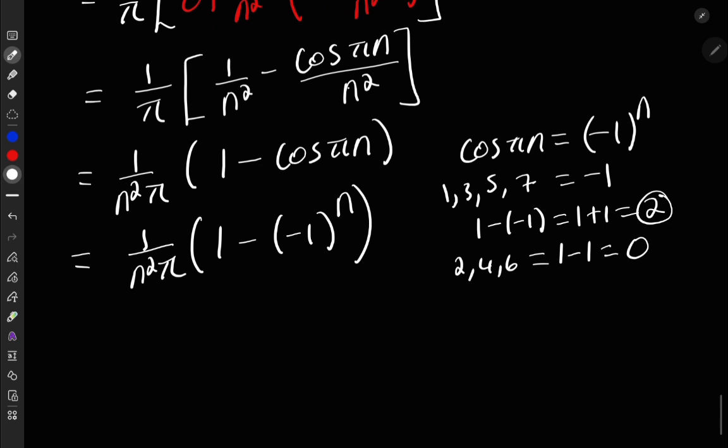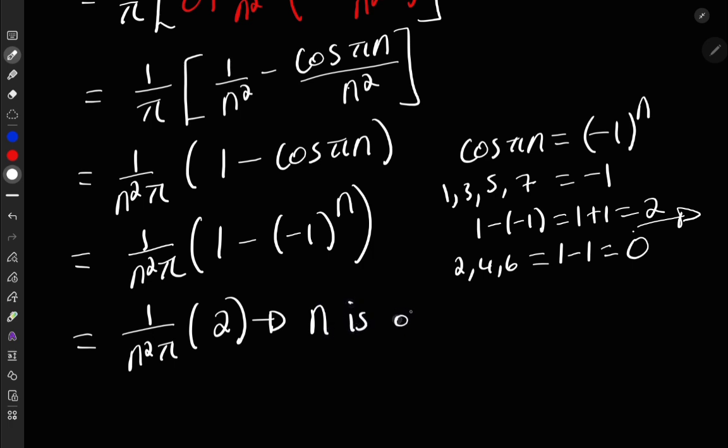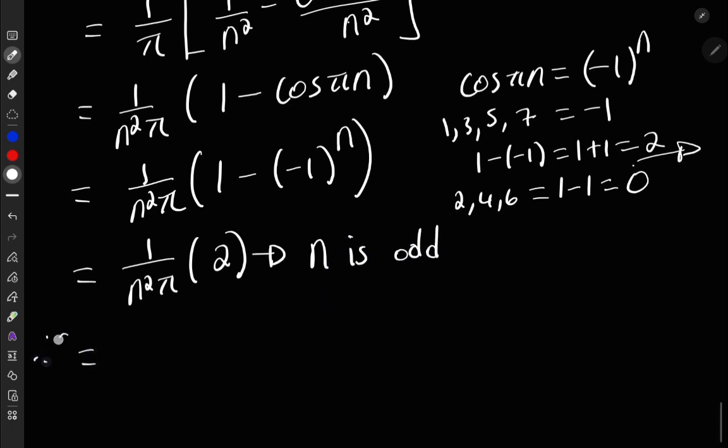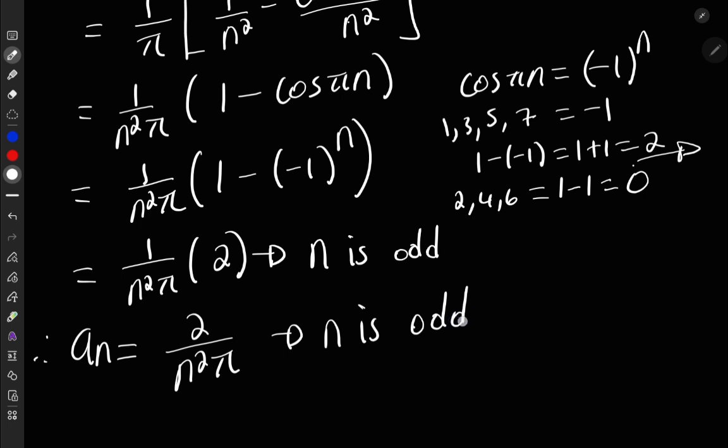So you can just write what the odd numbers will yield, which is 1 over n squared pi into 2, and just state that n is odd for this one. N is odd, therefore our an is equal to 2 over n squared pi. Keep in mind that n is odd.